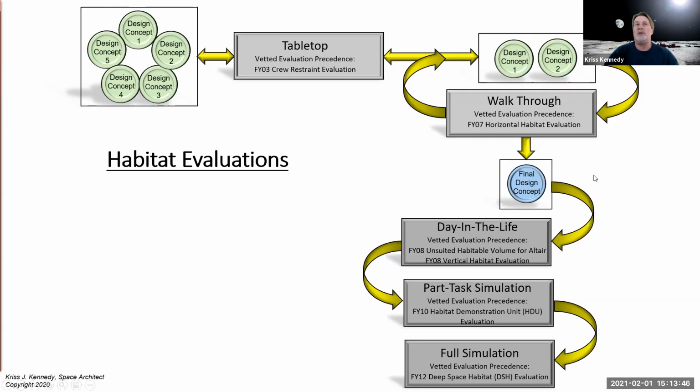At that point, you begin your habitat evaluations by building higher fidelity models and mock-ups, so you can begin to do habitable volume assessments, user analysis, et cetera, and a day in the life of the astronaut, or that concept of operations in that habitat, to evaluate it.